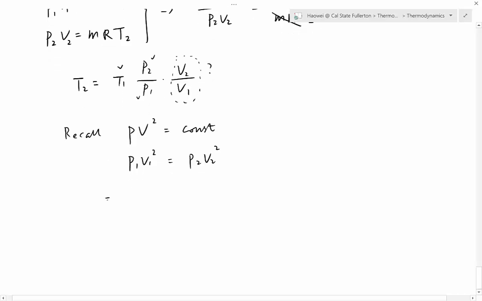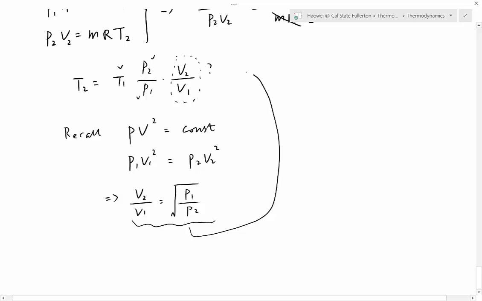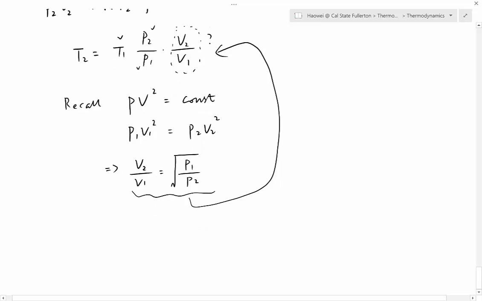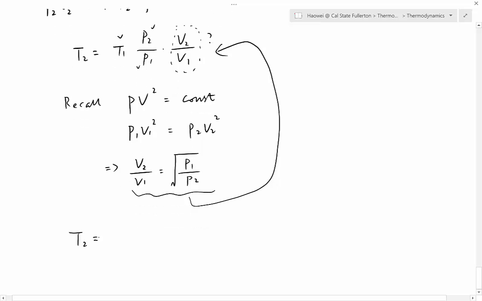From here, we can find V2 over V1, which is equal to the square root of P1 over P2. Now we can plug this new expression of V2 over V1 back into the previous equation. The new equation for T2 becomes T1 times P2 over P1 multiplied by the square root of P1 over P2, and this becomes T1 times the square root of P2 over P1.